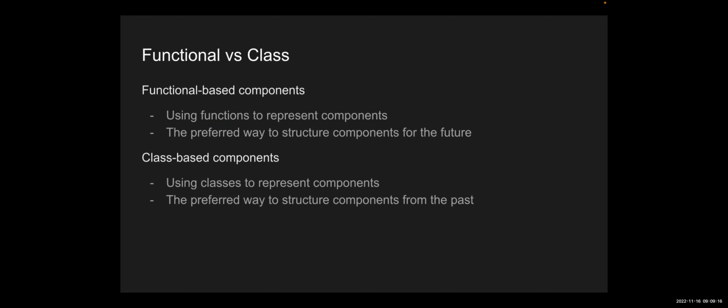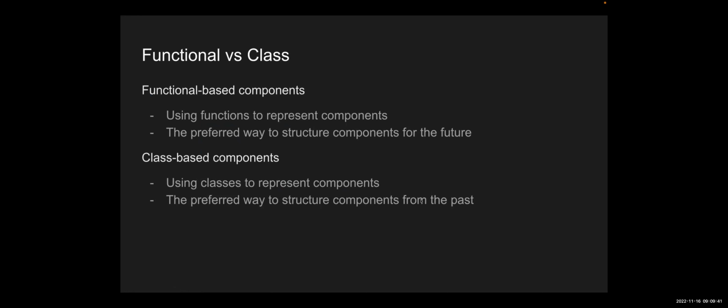Previously, when React had started, the preferred way was class-based components, which use classes to represent the components instead of functions. It's a slight syntax difference, and it is how everything used to be written.